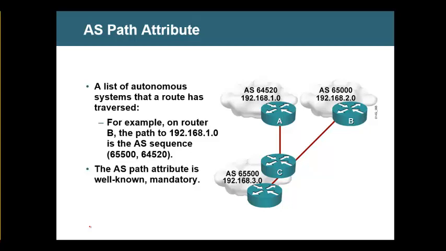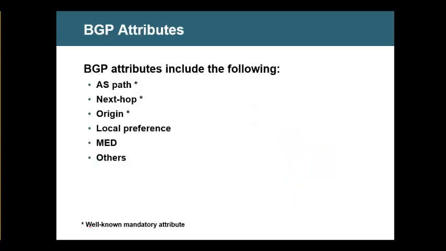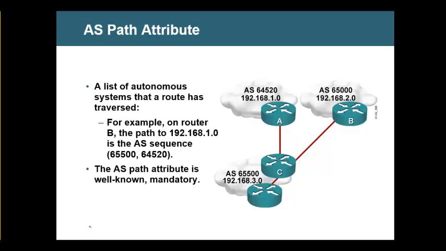We are just learning what they are, that's all. We are just learning what is the AS path. But AS path is not the first one. Weight is the first one in the list. But let us go through this presentation, learn piece by piece, and then we'll arrange it later.